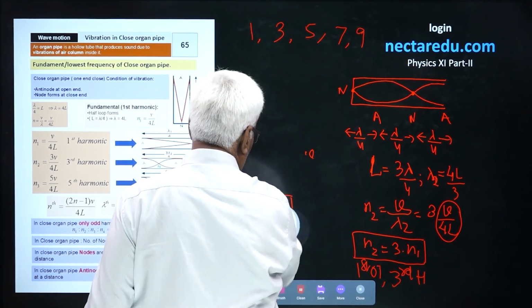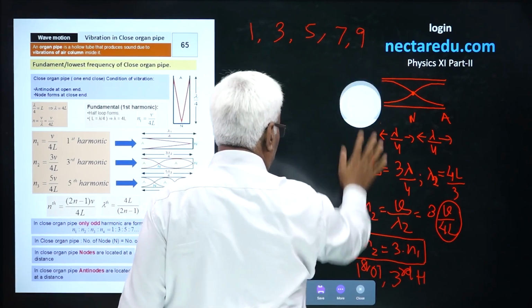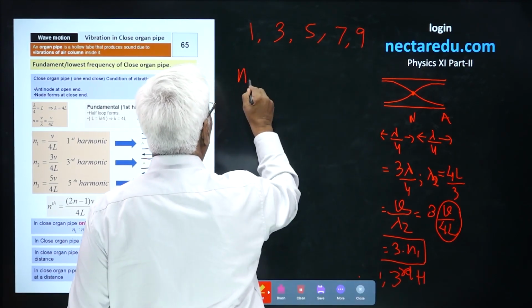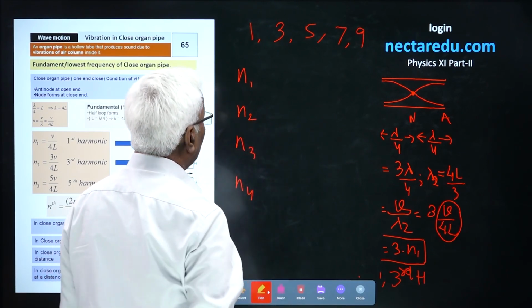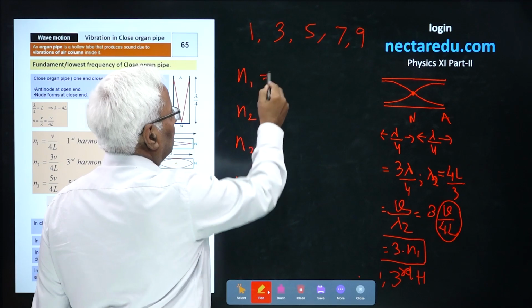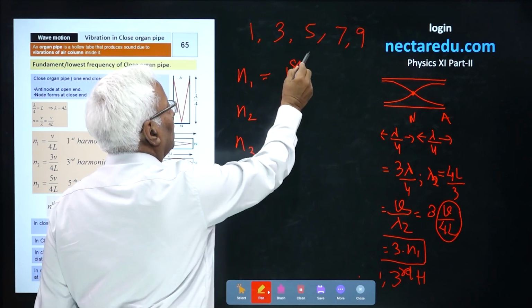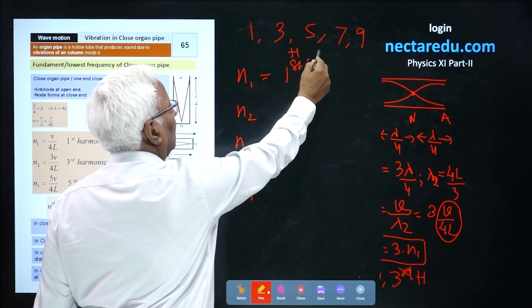So in this example you go on writing N1, N2, N3, N4 and so on. N1 is the first harmonic, and tone.